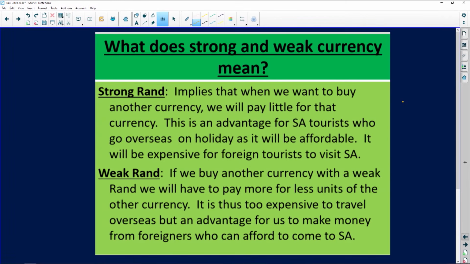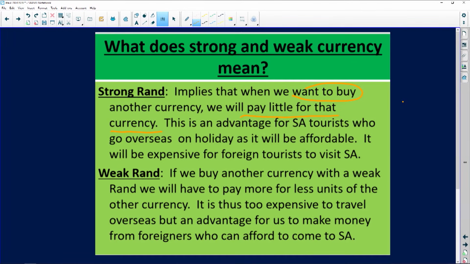Let's have a look. A strong rand implies that when we want to buy another currency, we will pay little for that currency. In other words, let's say we were privileged enough to travel, and all travel is banned at this moment, unfortunately, for all the tourism industries out there. But let's say everything was as it was about a year ago, or as we hope it will be in the future again.